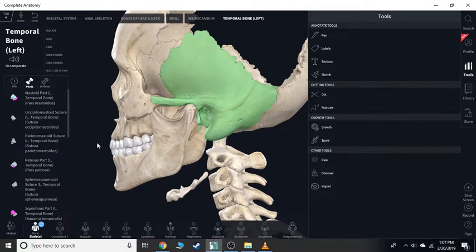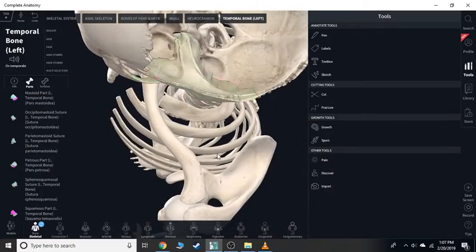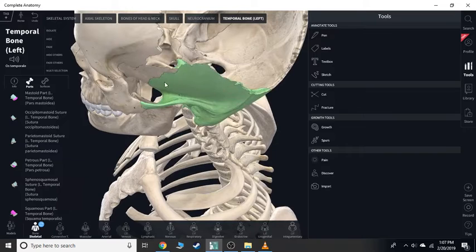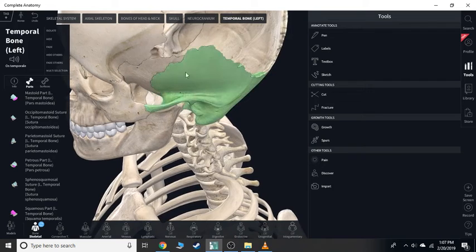And on the inside, you can see right here that this is a very thin part of the bone. This is called the squamous portion of the bone. That's why if you're a boxer, you always try to hit them in the temple, the temporal bone.